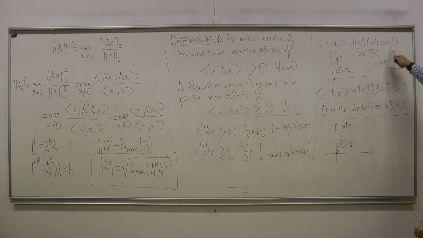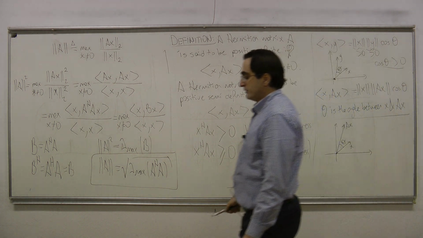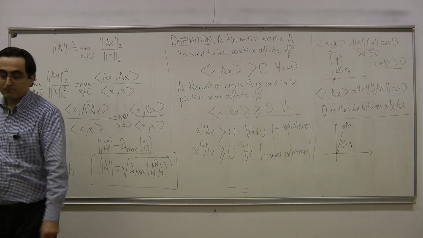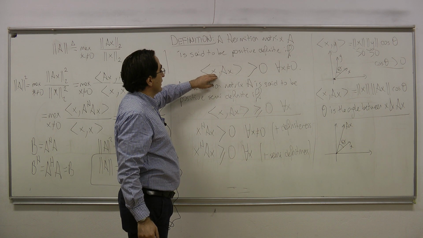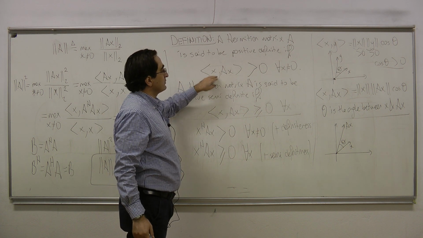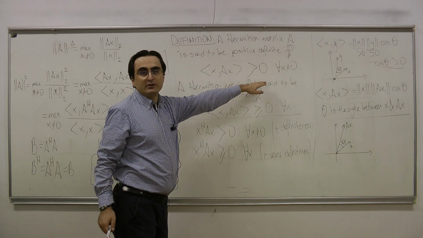So here, if the cosine theta is positive, then the inner product is positive when x and y are non-zero. And if cosine is negative, then the inner product is negative. Okay? So here we are told that for a positive definite matrix, the x-Ax inner product is always positive.